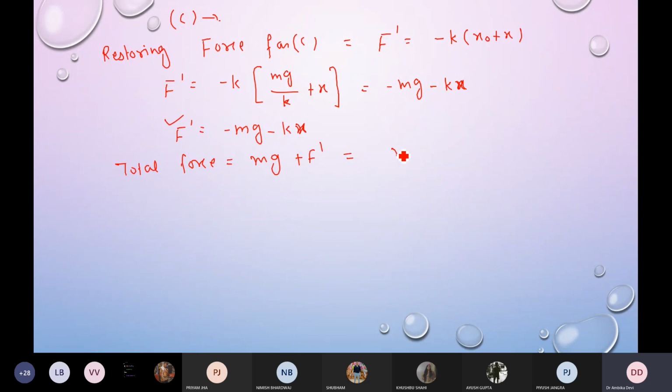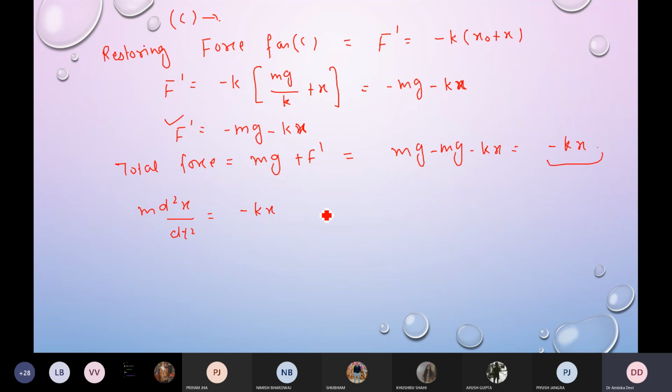So this will become mg minus mg minus kx, which is equal to minus kx. Okay. Now according to Newton's second law, we will apply Newton's law over here. So we know that m d2x by dt2, mass into acceleration, is equal to the force, and the total force is minus kx.